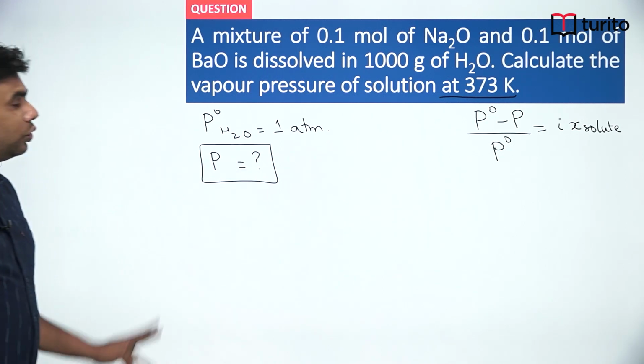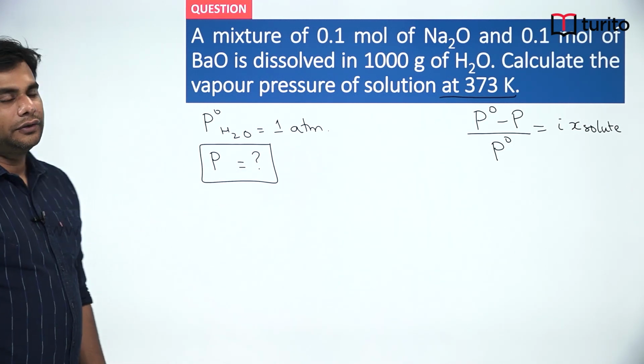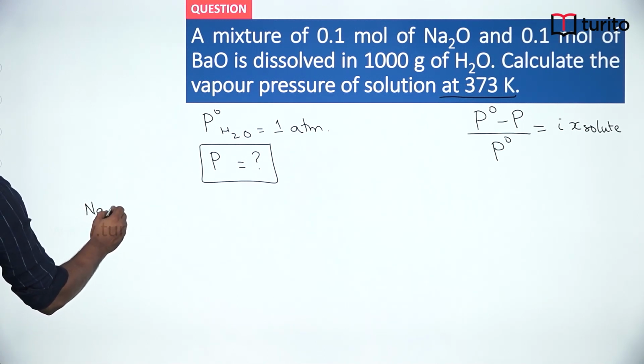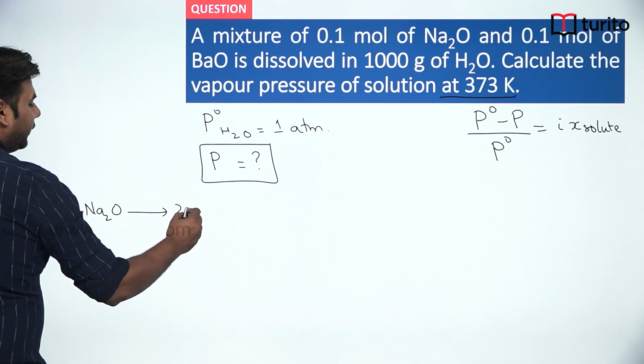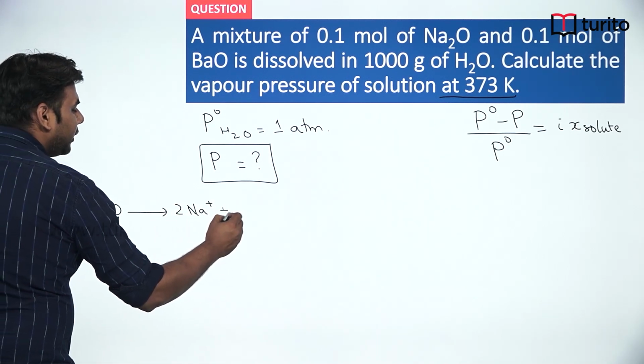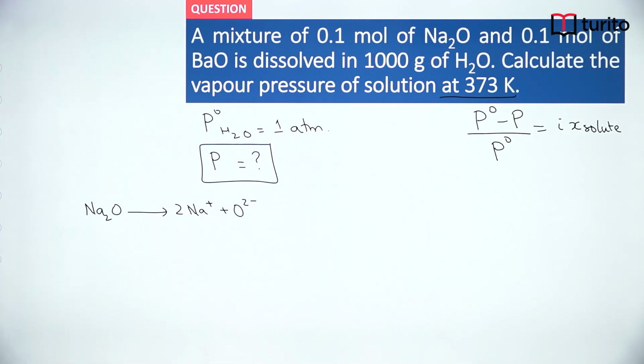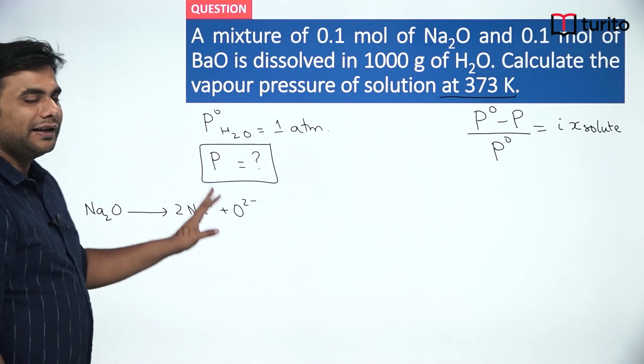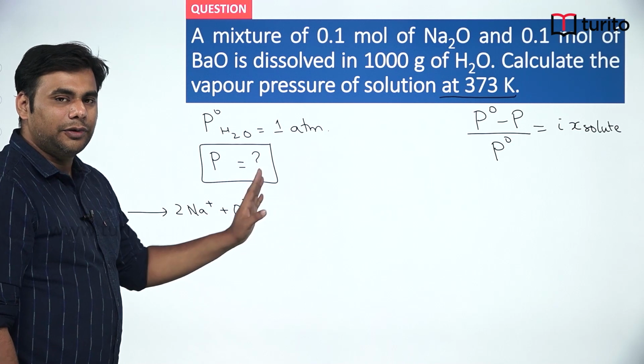Now there are two solutes that we are adding. We are adding Na2O. When we add it, it will give 2 Na+ ions and an O2-. Because its degree of dissociation is not written, we will say that it is 100% dissociated.